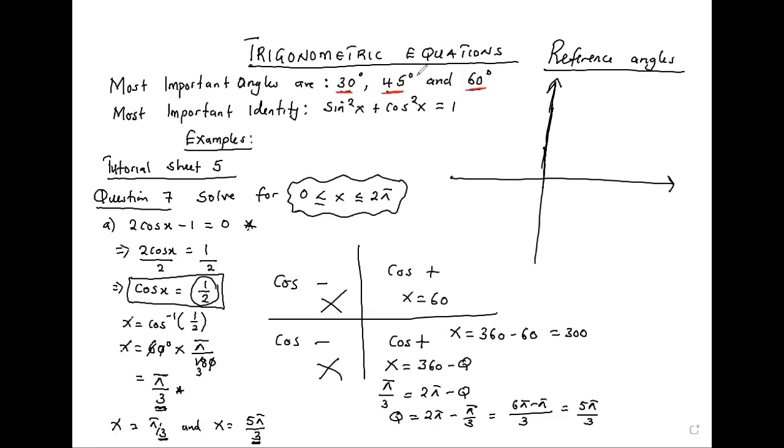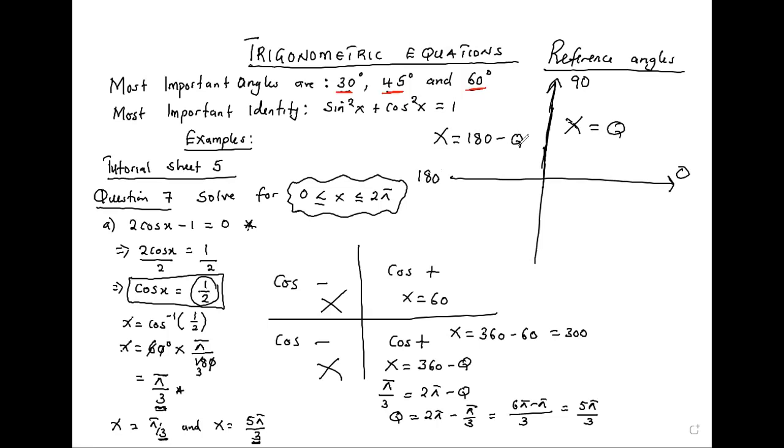Now, in the first quadrant, if you are given any angle theta, if you're asked to find the angle x, that is a reference to the angles in the first quadrant. Then any angle they give you becomes the reference angle of itself. All the angles between 0 and 90 are reference angles of themselves. Then the angles between 90 and 180 have reference angles x obtained by subtracting the angle that lies in this quadrant from 180.